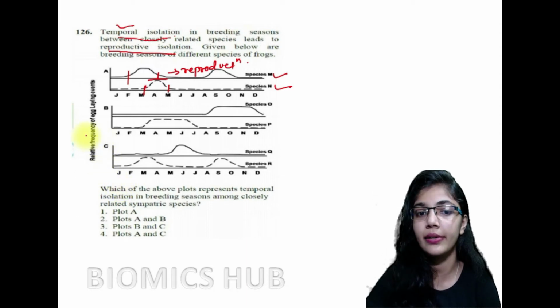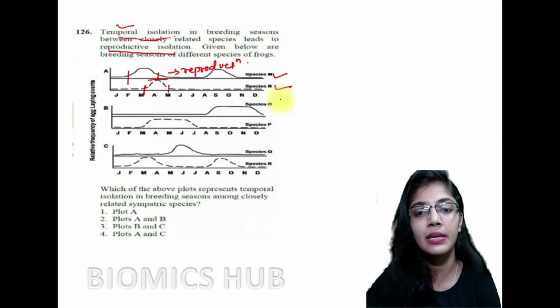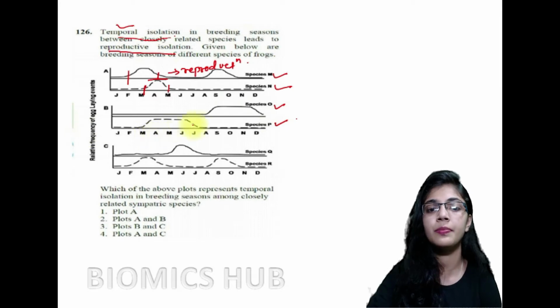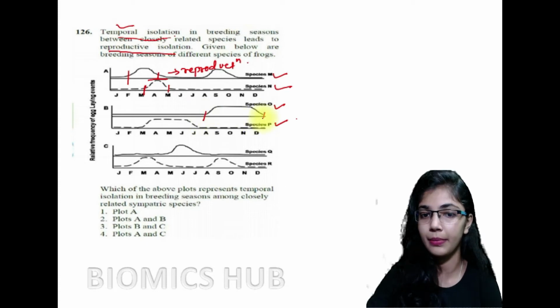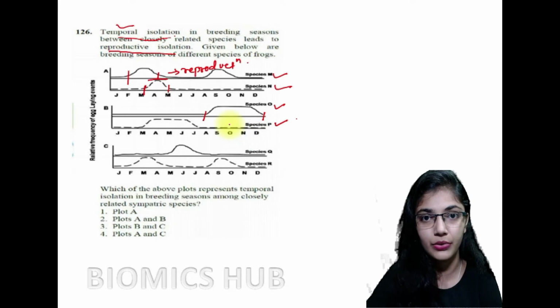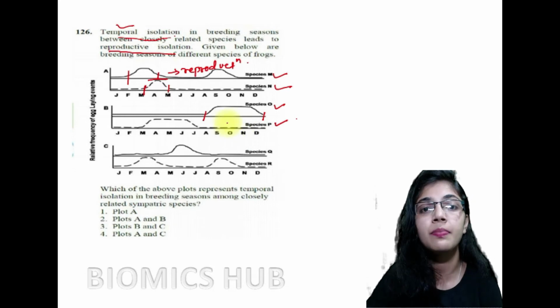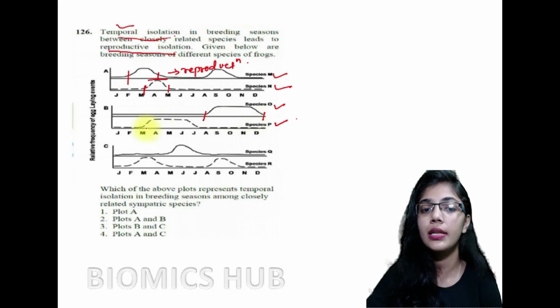Now let us see the B graph. In the B graph, see species O and species P. In case of species O, the reproduction is taking place during the month of August till December. But during this time, species P is not reproducing. Now what is the time for species P to reproduce? It is from the month of March till July.